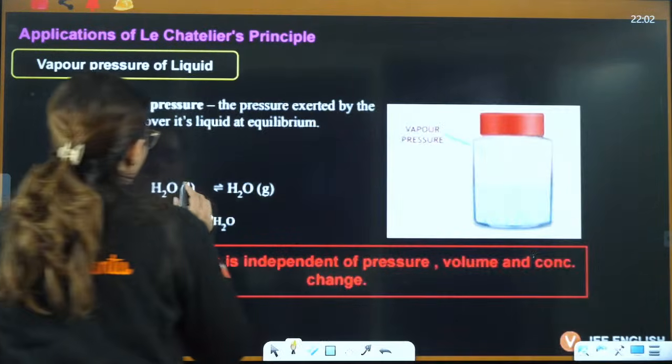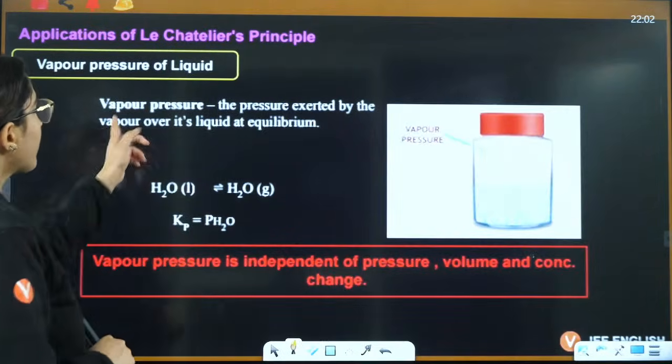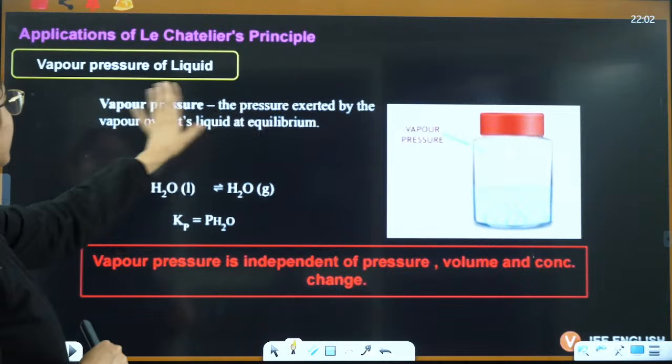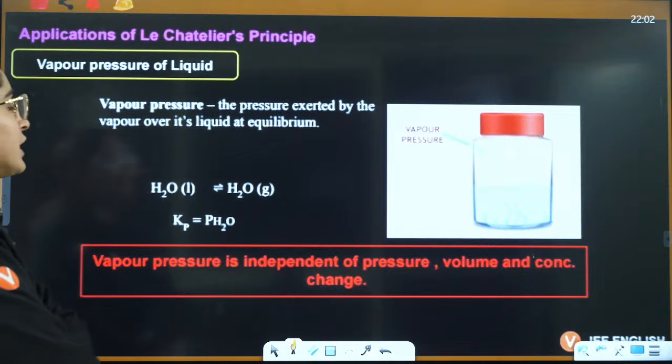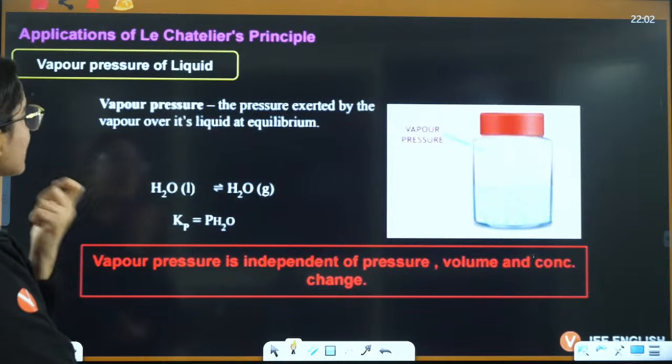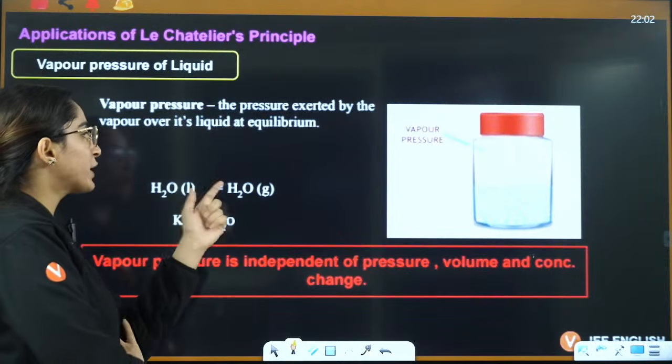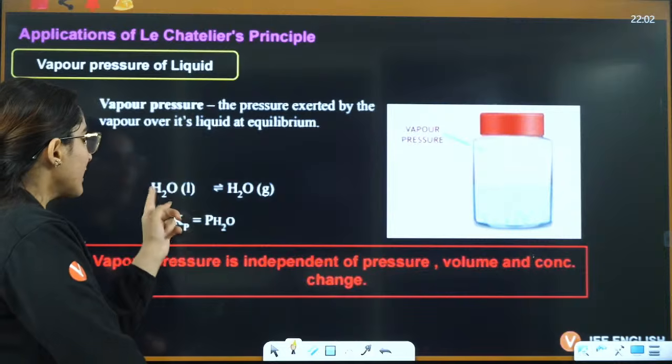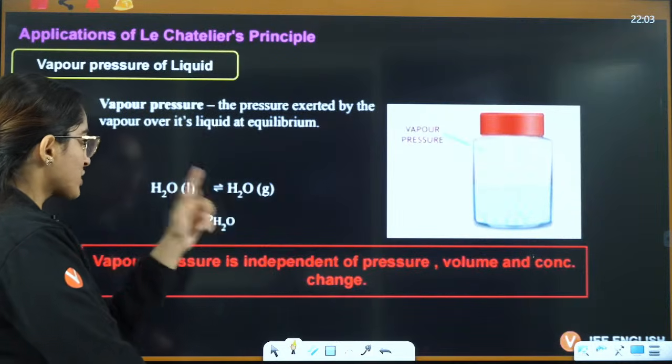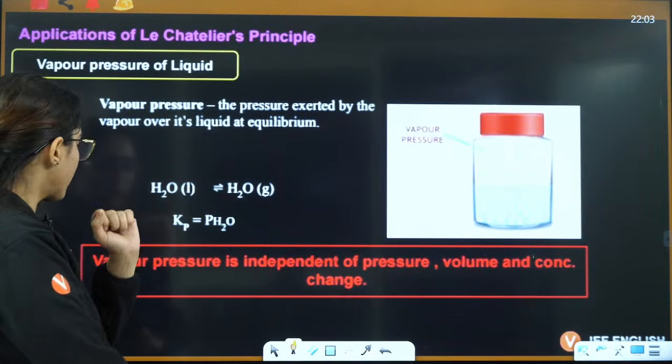If you have liquid to gas, vapor pressure is the pressure exerted by vapors over the liquid at equilibrium. So in this case, when you have equilibrium of liquid and gas, Kp is equal to the pressure of H2O and not liquid, because pure liquid is 1.